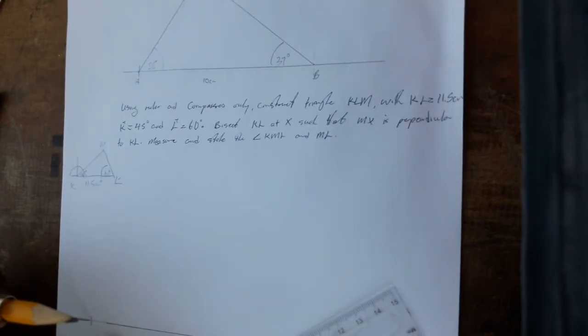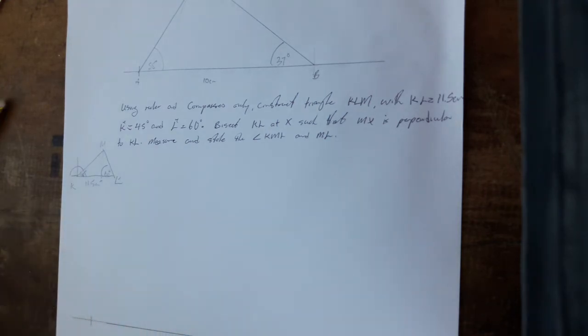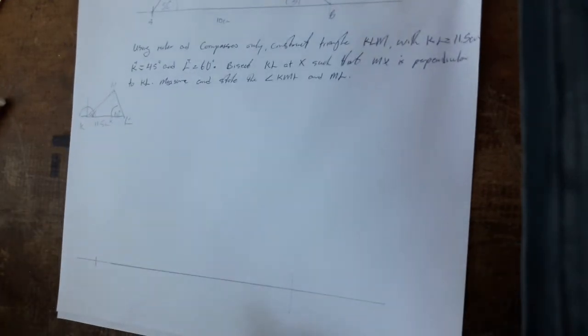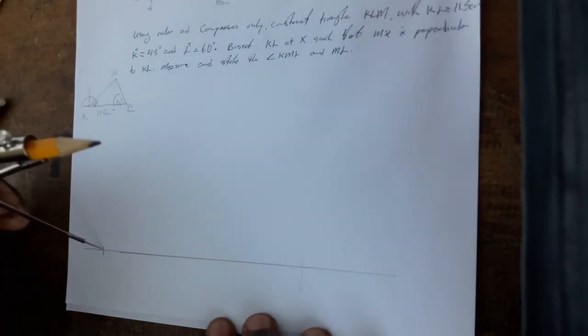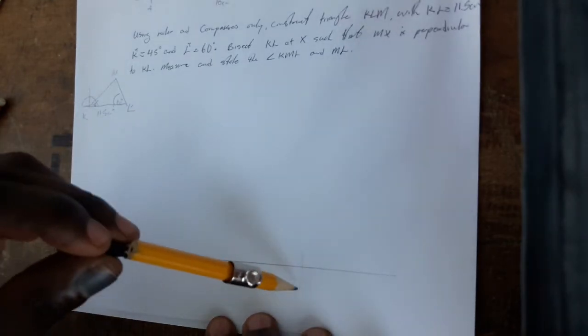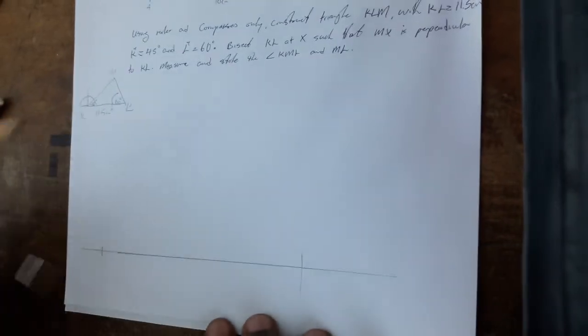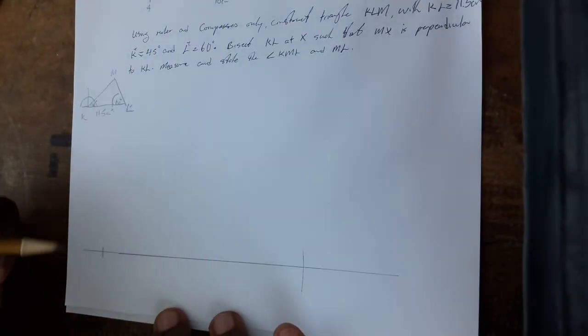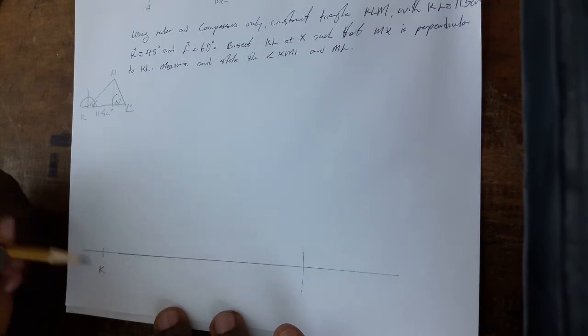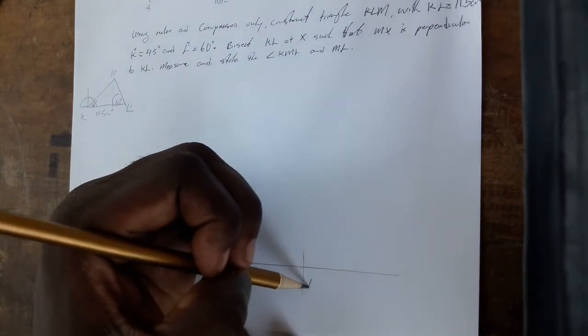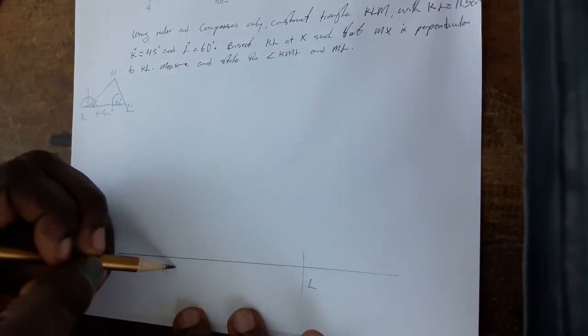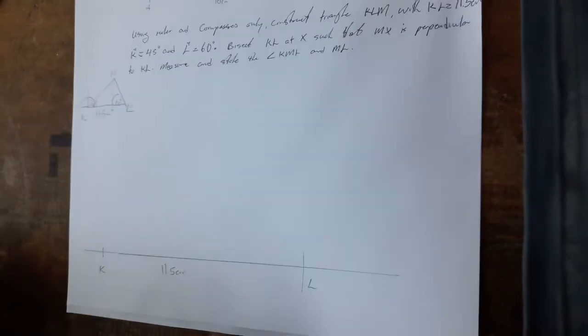So we go here, and our 11.5 is going to be there. Sorry, we do that again. We go here, and our 11.5 will be that line there. Good. So this is the line segment KL as in the sketch there, and this is 11.5 centimeters.